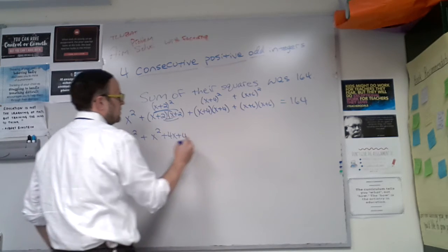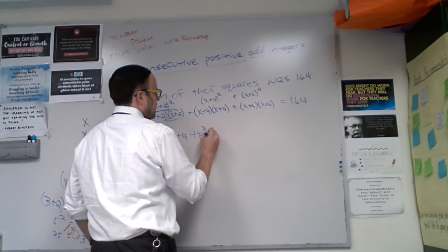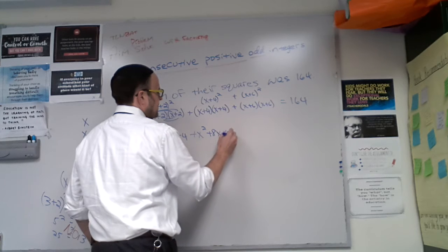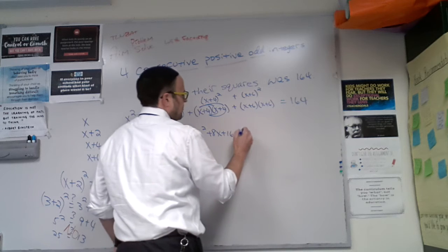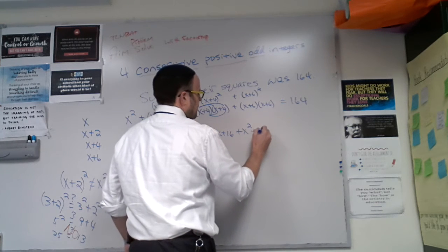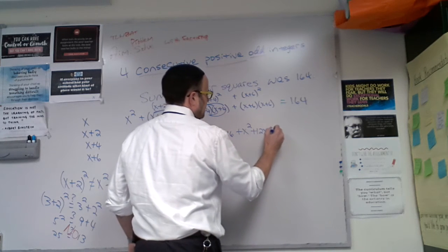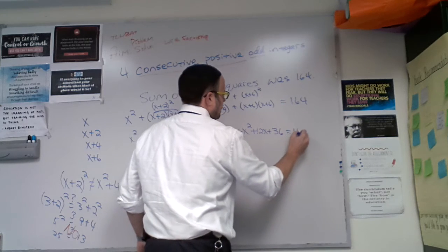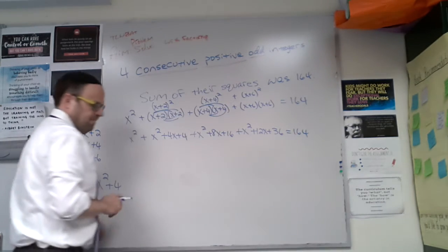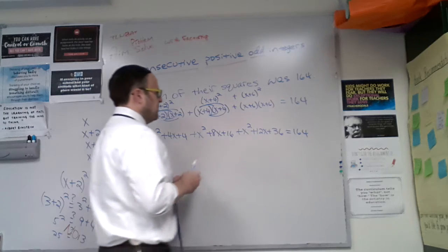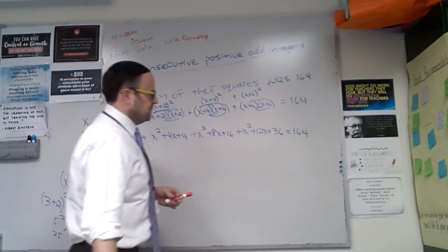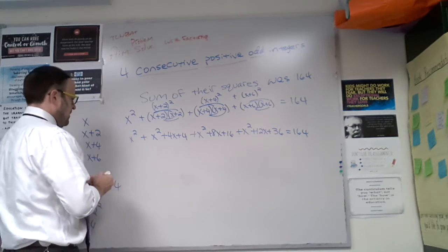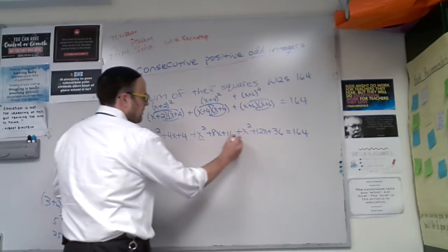Distribute, plus x squared plus 8x plus 16, plus x squared plus 12x plus 36. Okay, remember distributing, foiling in each place. Good. Now we're going to combine like terms.